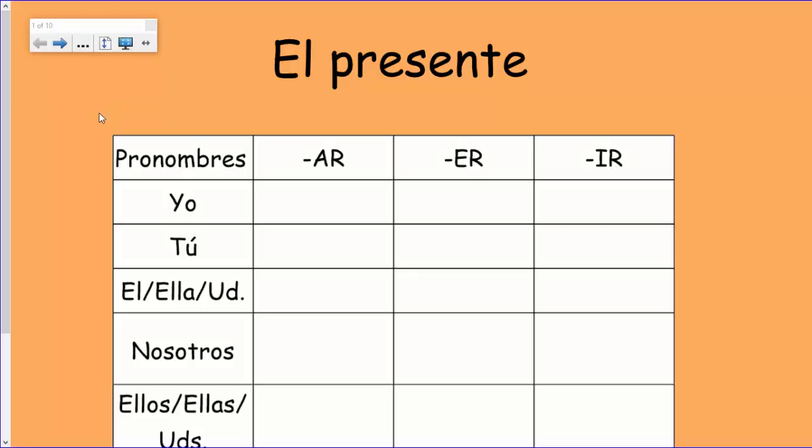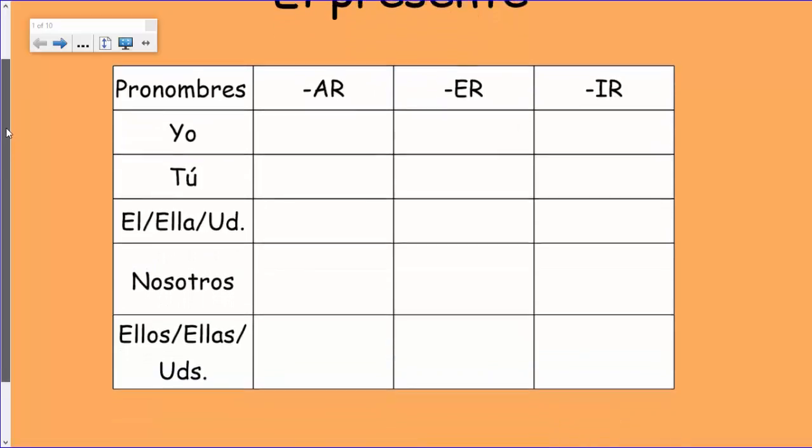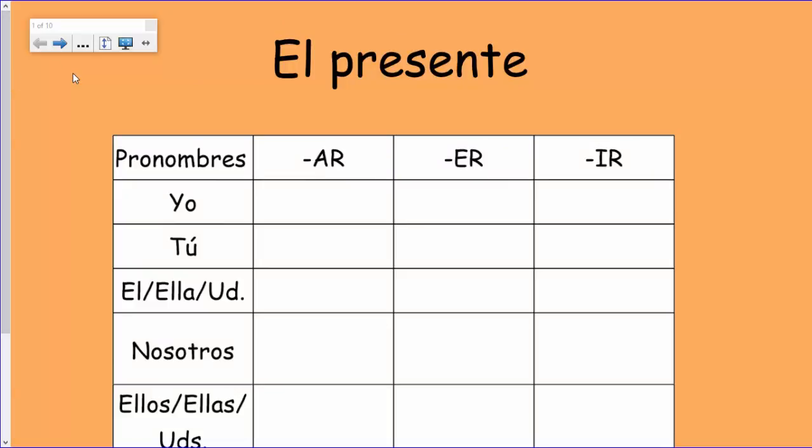So here we go. We've got verb charts for completely regular AR, ER, and IR verbs. So just keep in mind, these are the endings for regular present tense verbs. So we've got o, as, a, amos, and an.